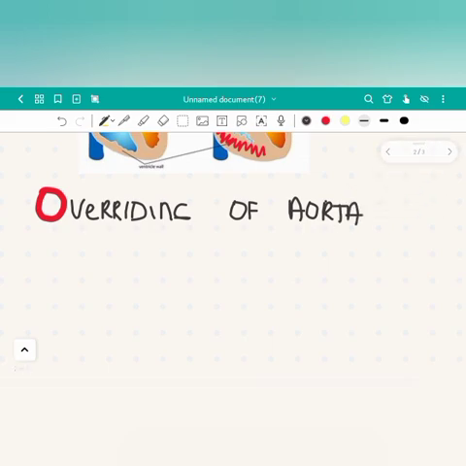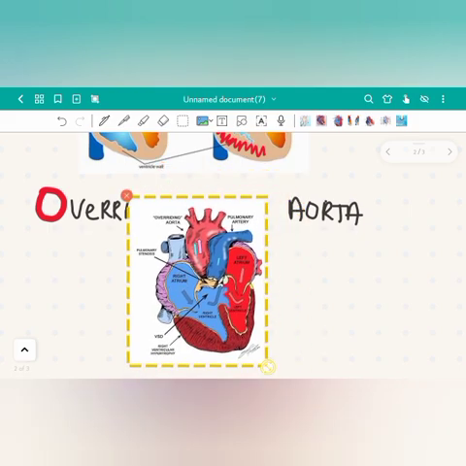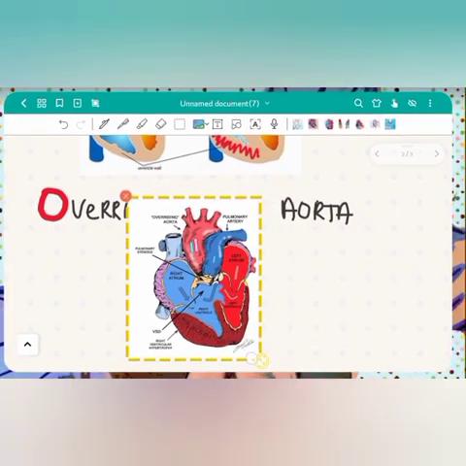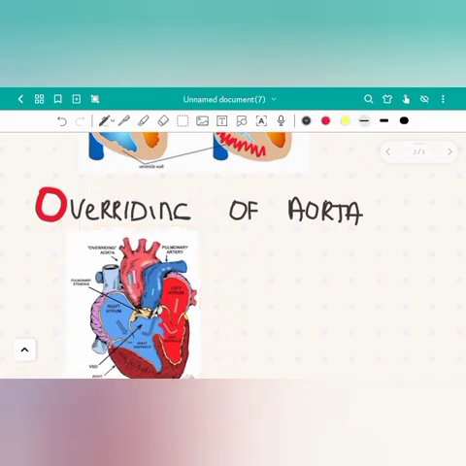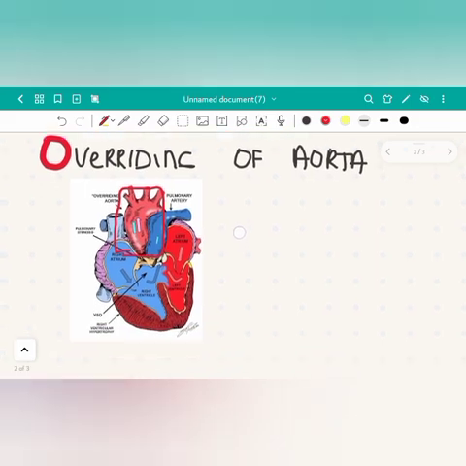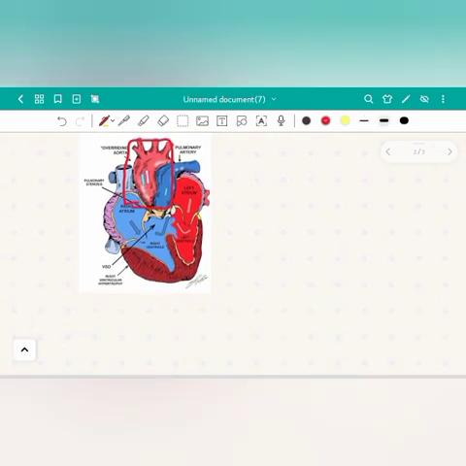Next is the overriding of the aorta. So, here's the overriding of the aorta. You can see it in the picture. The aortic valve is usually misplaced. So, the fourth defect is the ventricular septal defect.